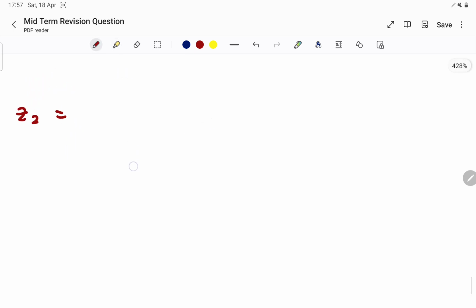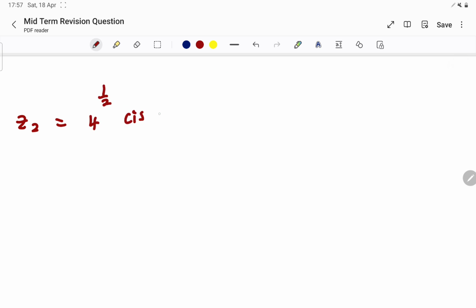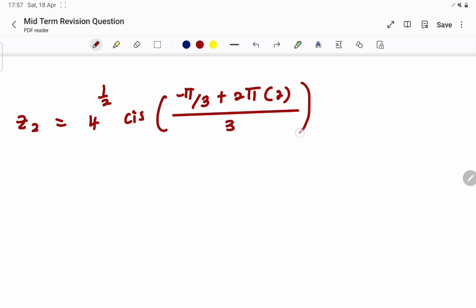z2 is equal to 4^(1/3) cis((-π/3 + 2πk)/3), k is 2, so multiply with 2, divide with 3. Then you calculate the one that is inside this bracket.